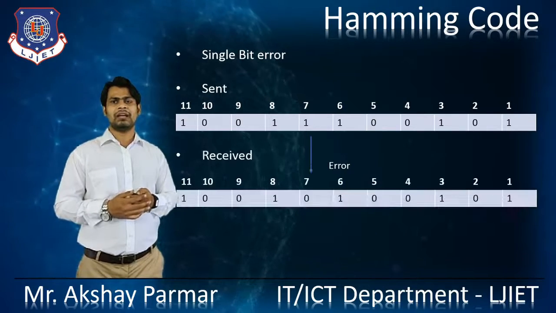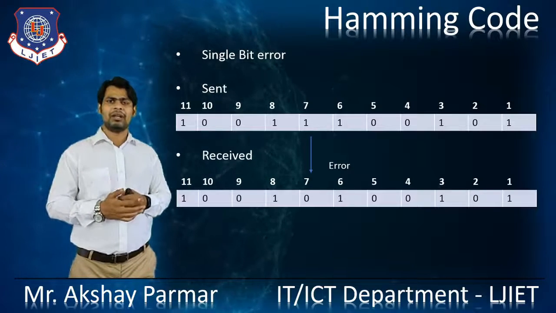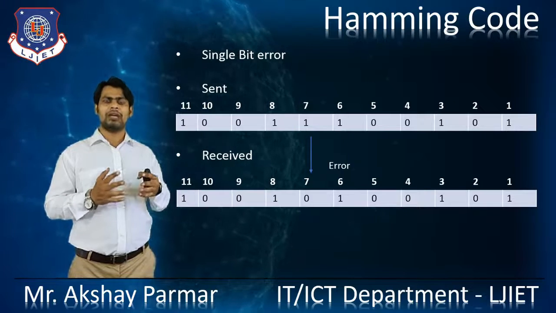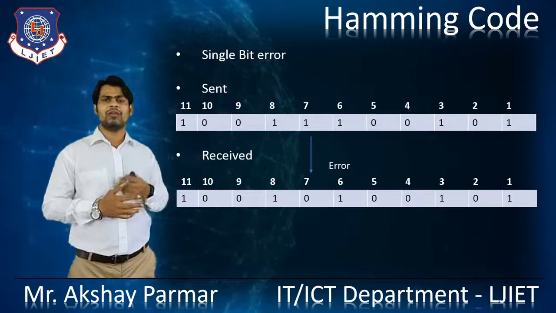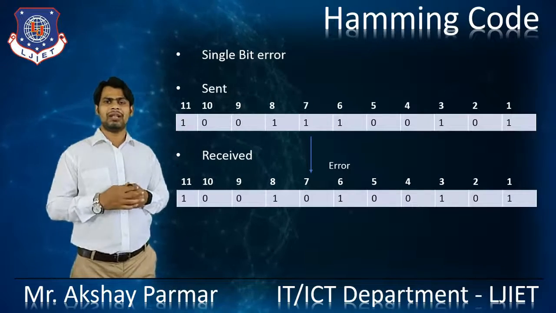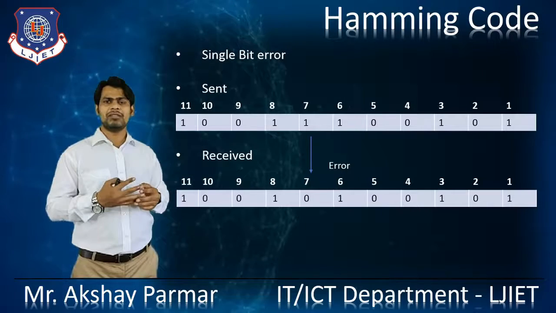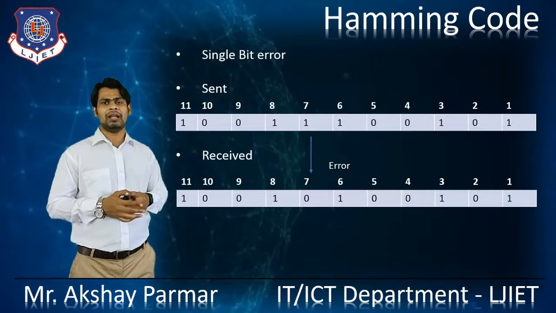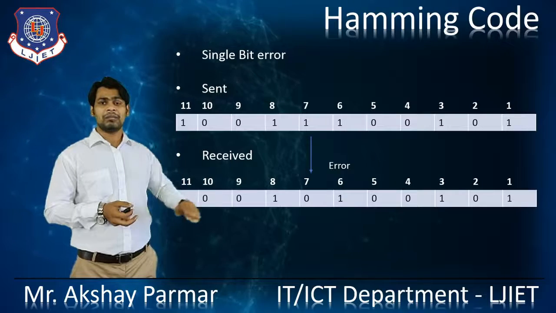If we are sending the data from the sender side to the receiver side, and any error happens and somehow a bit is changed, how can we detect and correct that? For example, at the 7th position, the bit value is changed from 1 to 0 and the error happens there, right? The sender is sending that bit sequence and the receiver is receiving it.